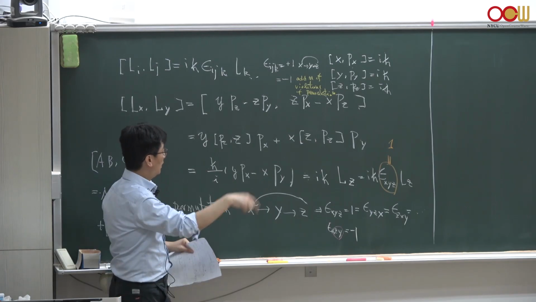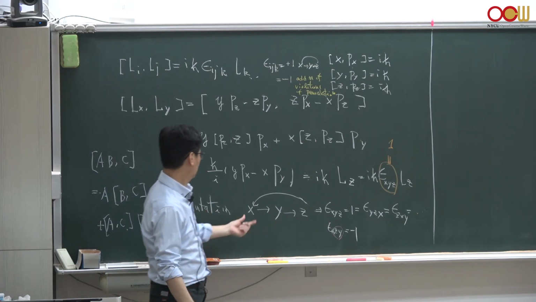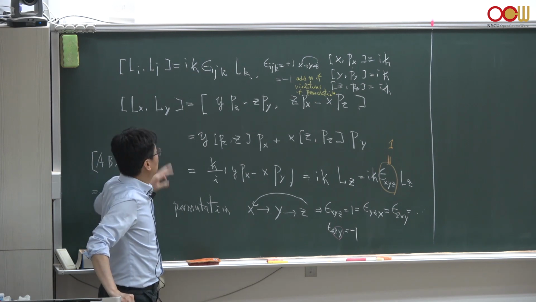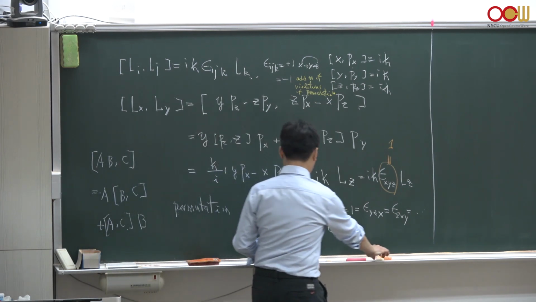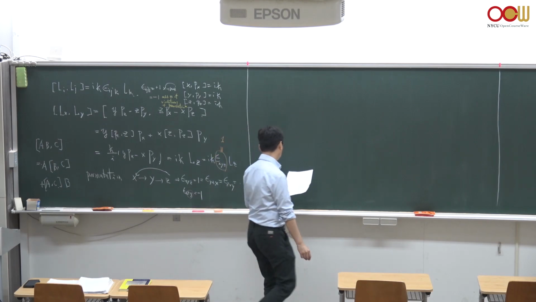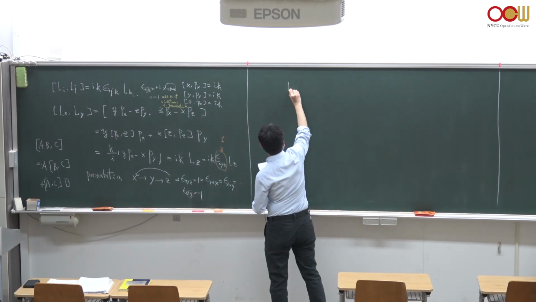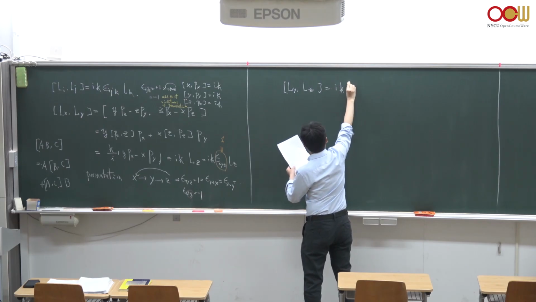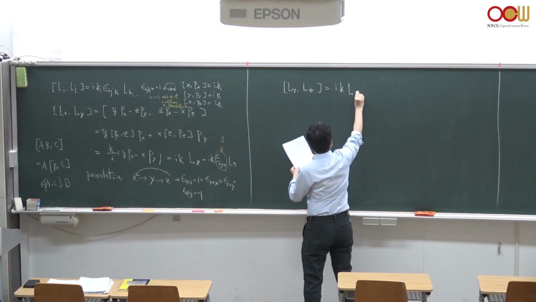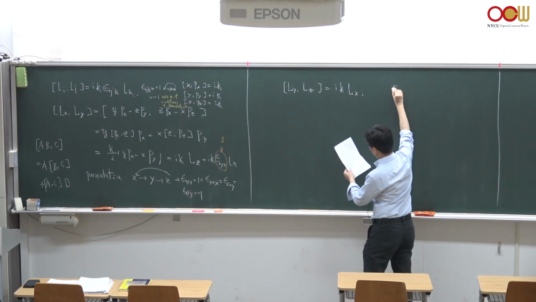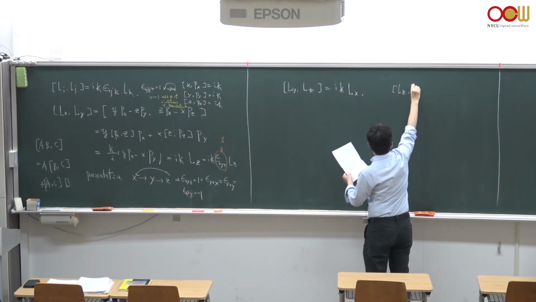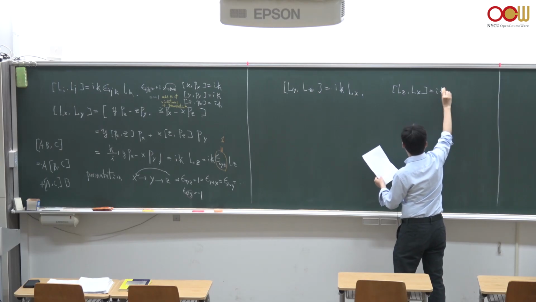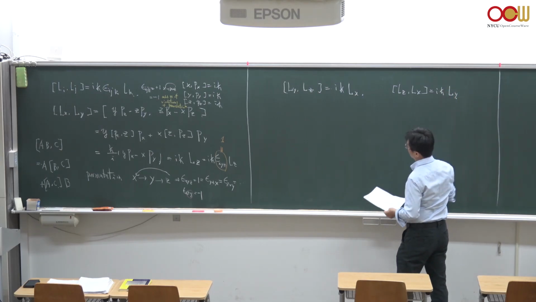So we define this tensor with this kind of proper permutation. And let's just try to check the other two. So Ly, Lz, this is your exercise. And the Lz, Lx commutator is given by i h bar Ly.